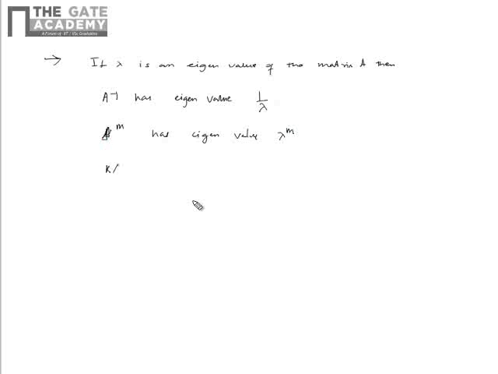Then kA has eigenvalue k times lambda, where k is a scalar here, and A plus kI has eigenvalue lambda plus k.